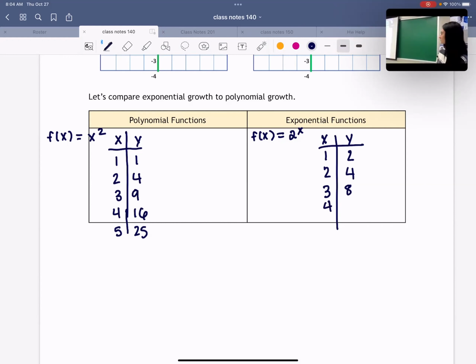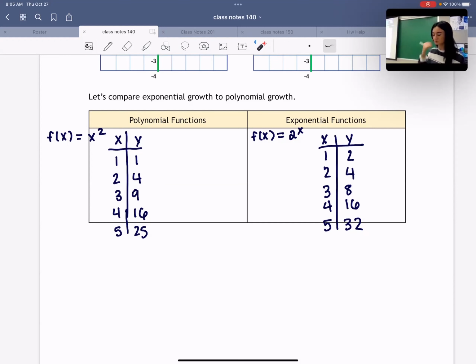But once I plug in 4, 2 to the 4th power is 16. I can plug in 5 and get 32. So in the very beginning, it looks like these numbers are matching, like 4 and 4. Then around 3, it looks like 2 to the x is a little bit lower than x squared. But once we hit 16 and I plug in higher numbers, the exponential function is going to produce greater values than x squared. So it's going to grow a lot faster. That's what I mean by that.